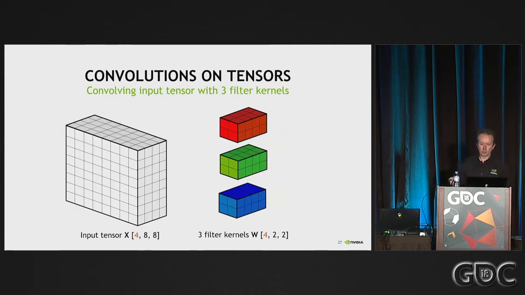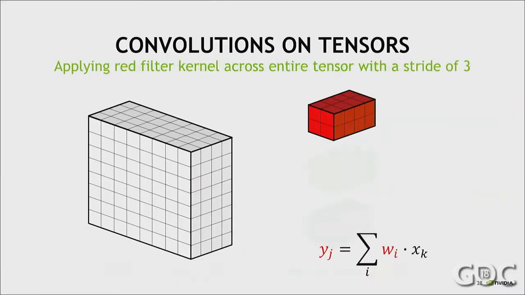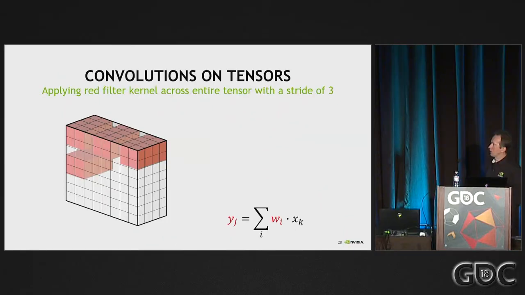So the way the convolution operation is defined is that we take each kernel in turn and we apply it to the input tensor, sort of walking across the entire tensor. In this example, I'm showing a convolution with a stride of 3, meaning that the filter kernels do not overlap, but it doesn't have to be that way.